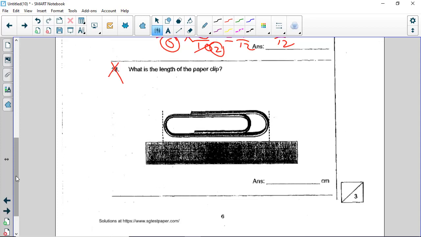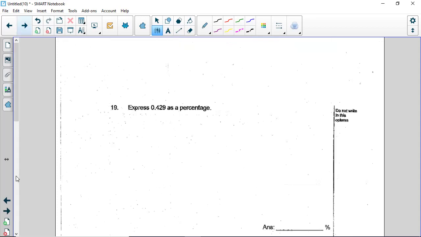Okay, question 19, we have also done a few times already. How do you change it into a percentage? Always write as a fraction, which is over 1,000. Make the denominator 100. How do you make the denominator 100? You just have to divide by 10 to get your denominator 100. And then on top, you also divide by 10. But how to divide by 10? Do I need to do working?